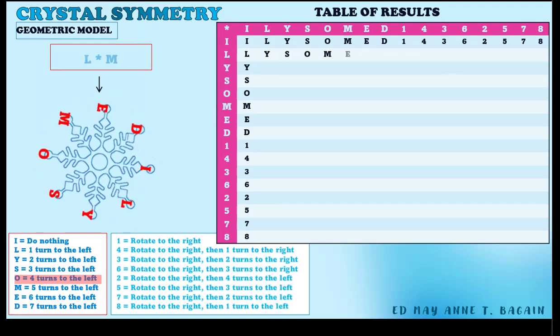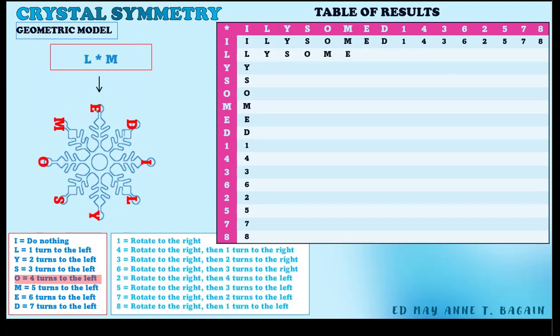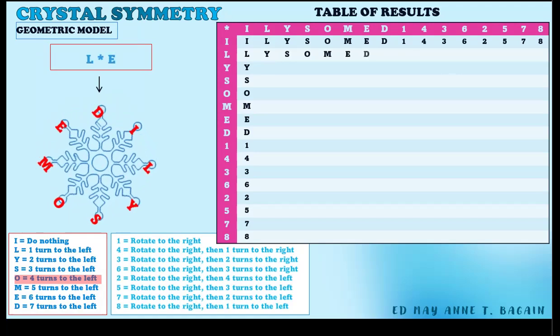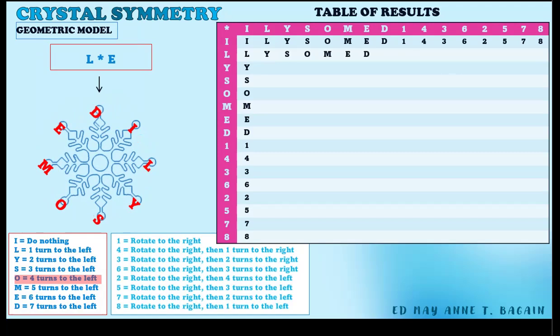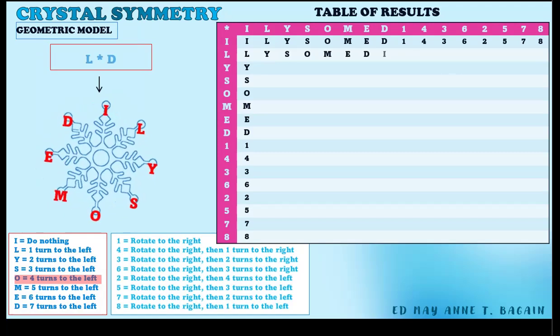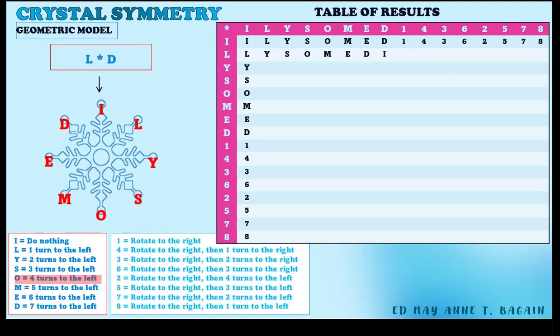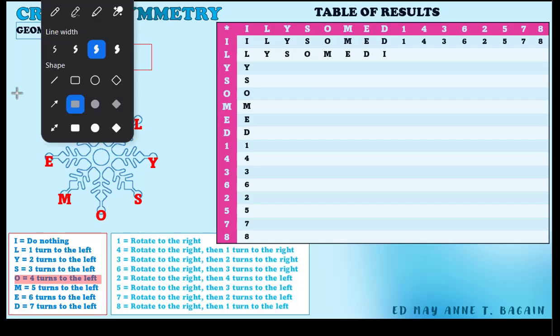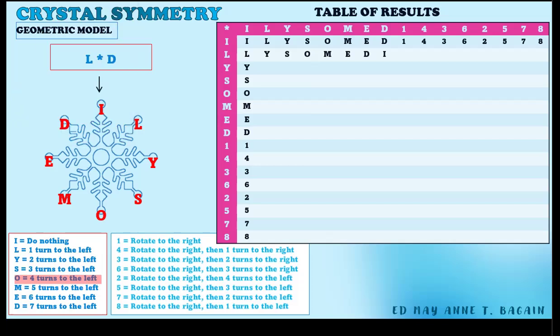So it would be E, and then D. For L star E, it would be D. And then for L star D, it would be I, which is doing the 360-degree turn.